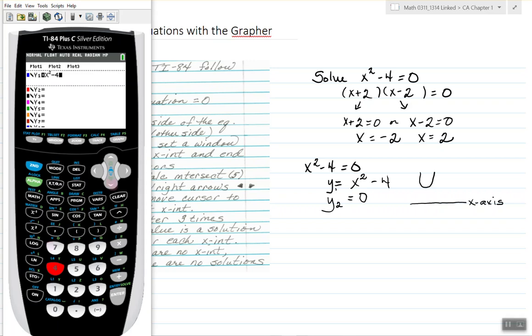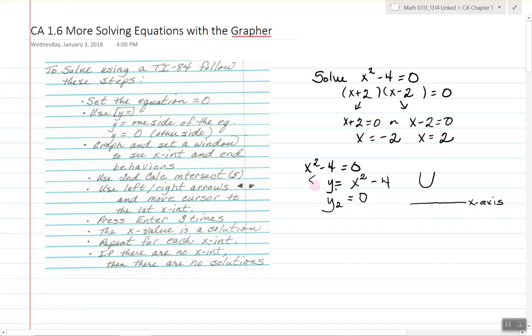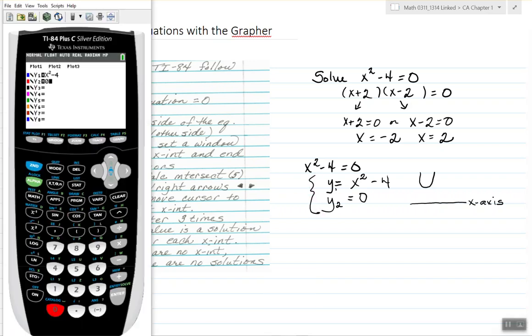I can either use the down arrow or I can press enter. If you press enter, it goes to y2. If I had pressed the down arrow key instead, I would have to press up to get to y2. Here I will type in 0. I have these two equations in my grapher.